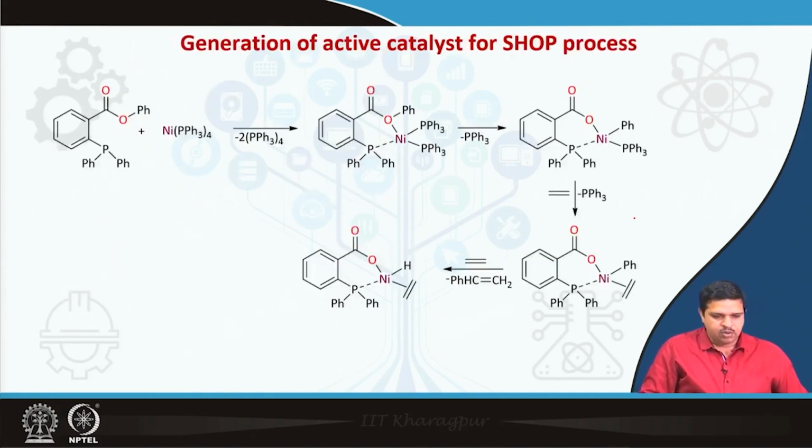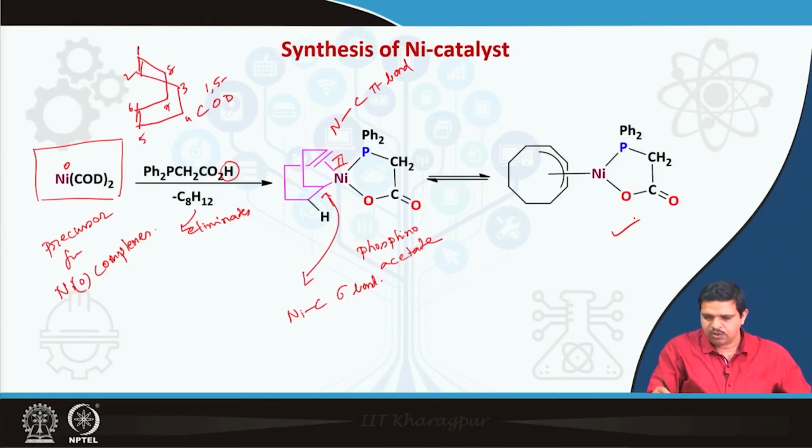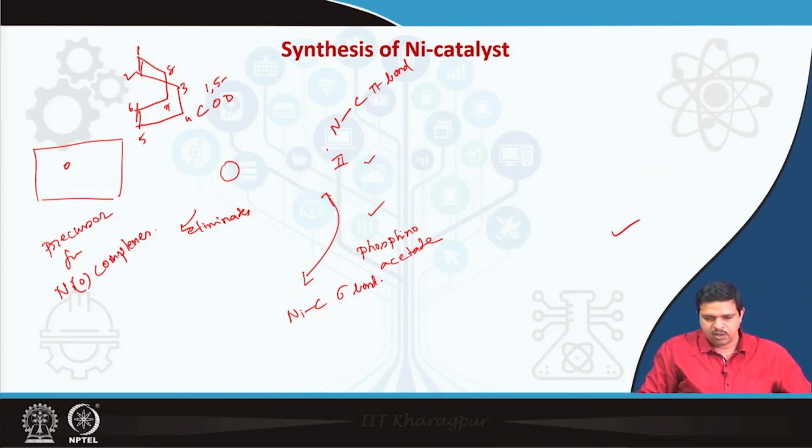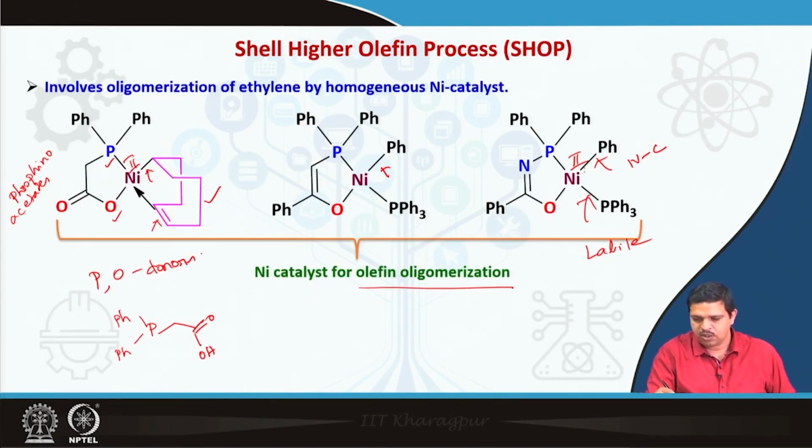Okay, so now you will see here, this is the catalyst, this is my phosphorus donor, this is the oxygen donor, this is the alkene, and this is my nickel carbon bond. As I told you, if you see very carefully, there is one phosphorus, one oxygen donor, one carbon donor, and one labile ligand.